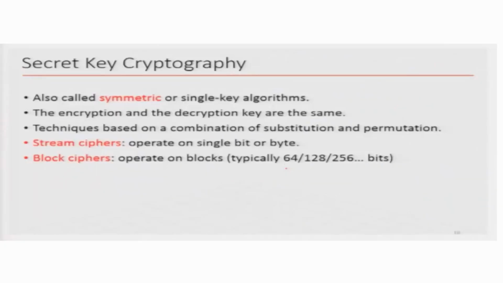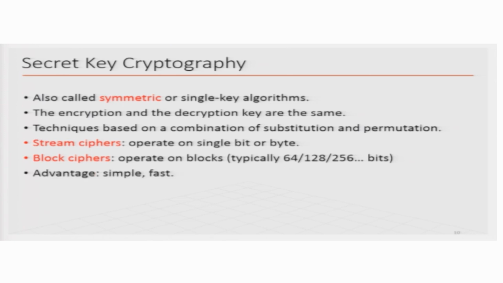Depending on how you do it, whether on the stream of bits or on the blocks of bits, these are called block ciphers and stream ciphers, and the block ciphers usually divide the message into chunks of like 64 or 128 or 256 or 512 bit blocks.